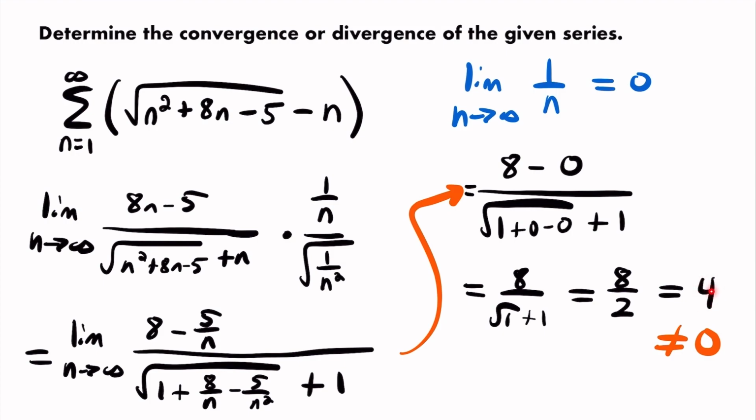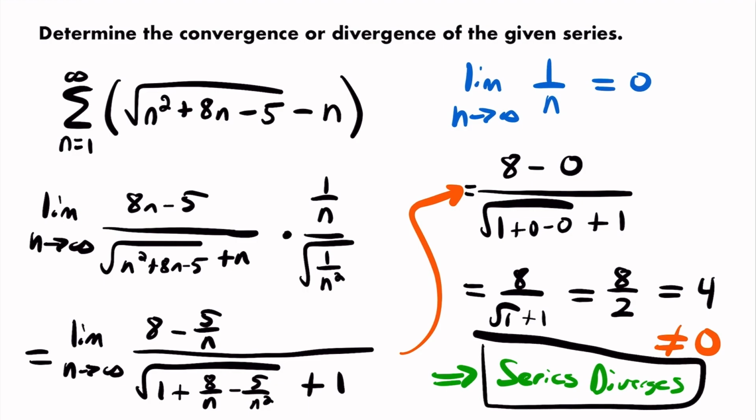And so if 4 is a result of this limit as n approaches infinity for the sequence from our series, then we can conclude from the divergence test that this series is a divergent series. So we can conclude that our series diverges. That is the final answer to this problem.